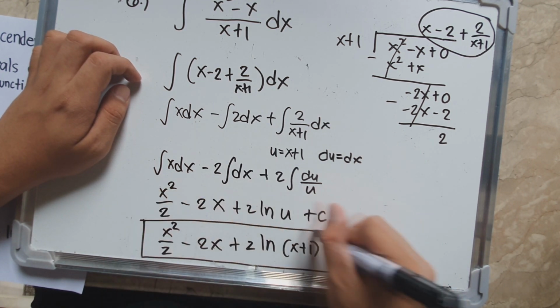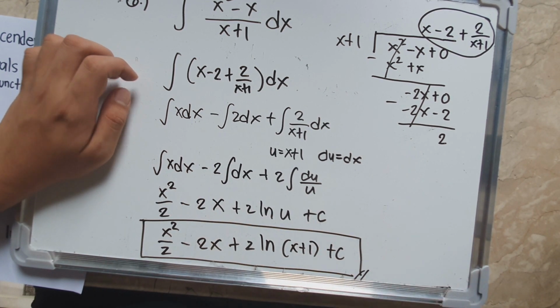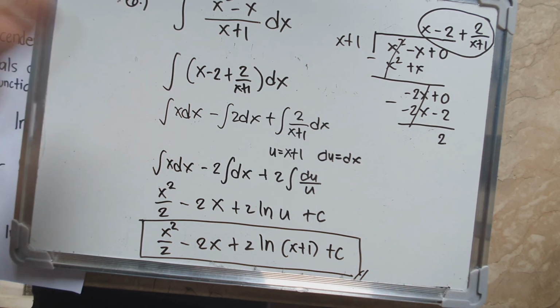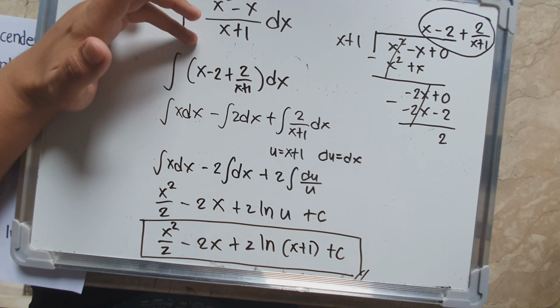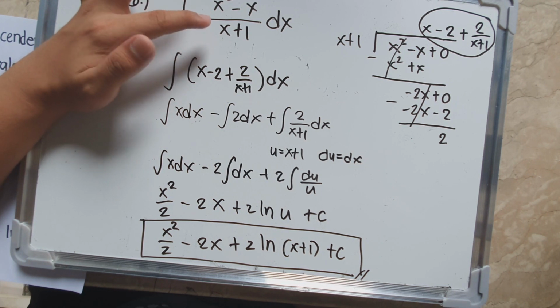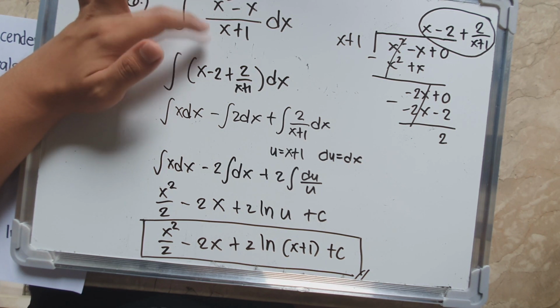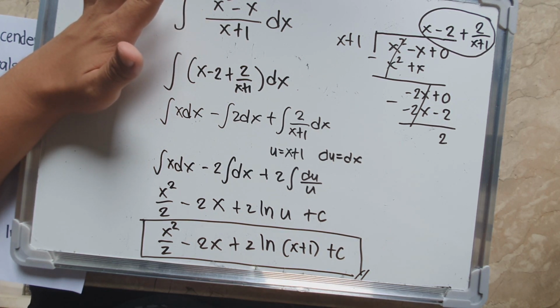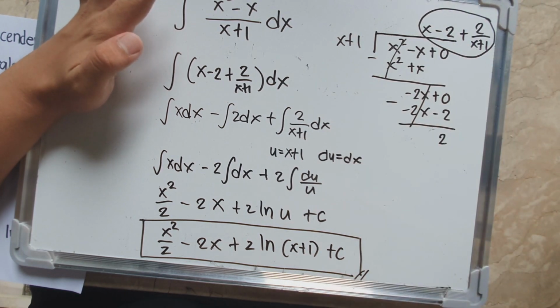Okay, so this is now our final answer. No matter what assignment for the u and du we make, if you don't get any relationship between numerator and denominator, try to check first the value of your fraction. If it is improper, you can use long division.